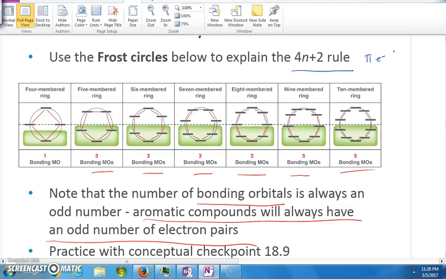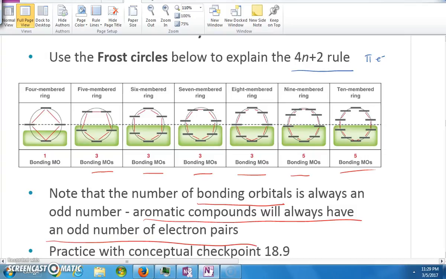You can use the Frost cycles to determine the energy diagrams for the bonding and anti-bonding molecular orbitals. Once you can do this, you can fill in the electrons, and you will observe that aromatic compounds have fully filled bonding molecular orbitals.